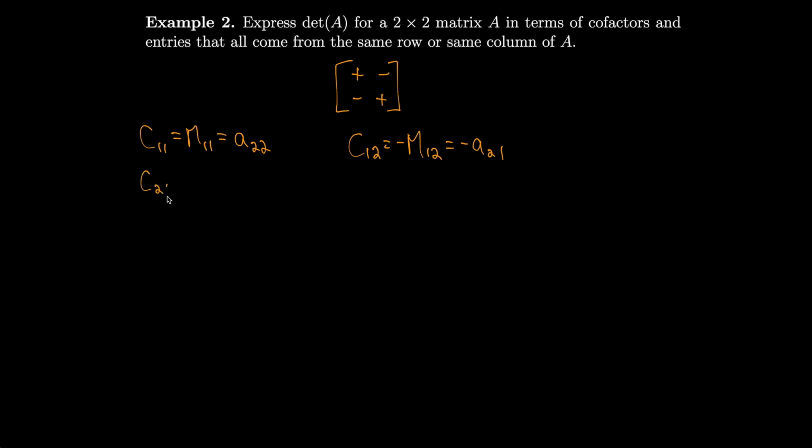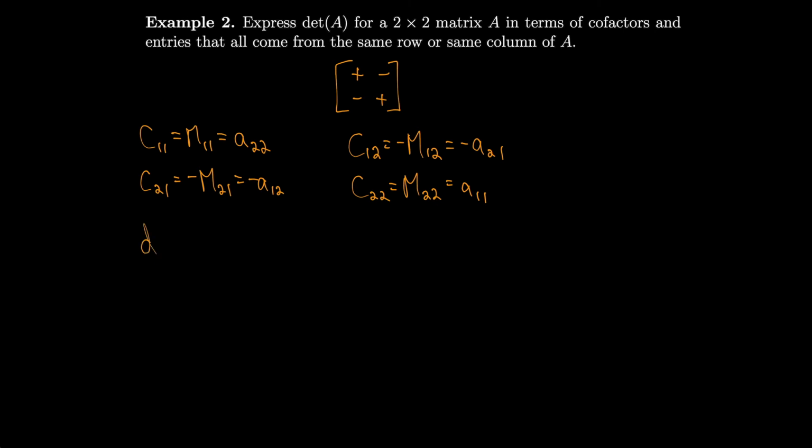Similarly, C21 will be minus M21, which is minus A12. C22 is M22, which is just A11.